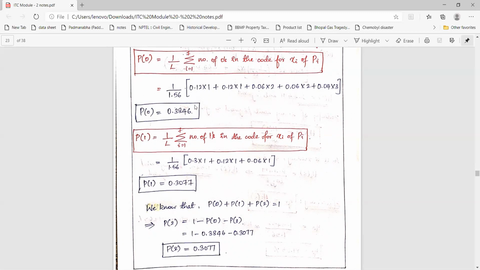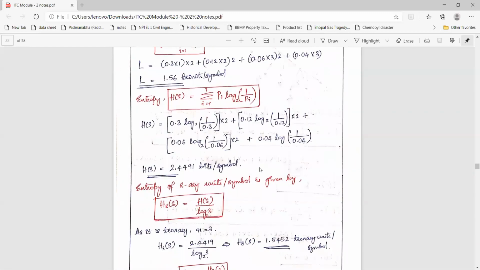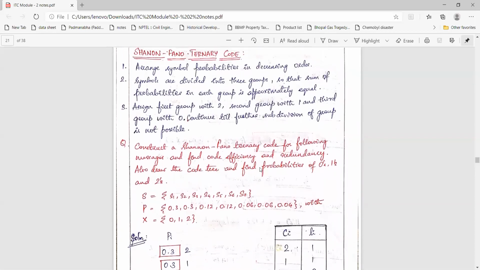And since we have already calculated P of 0 and P of 1, let's substitute that. And from this equation, we'll find that P of 2 is equal to 0.3077. So this is how we solve a problem under Shannon Fano ternary code. Thank you all.